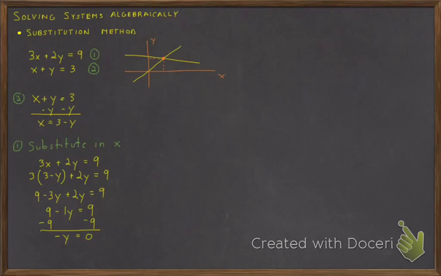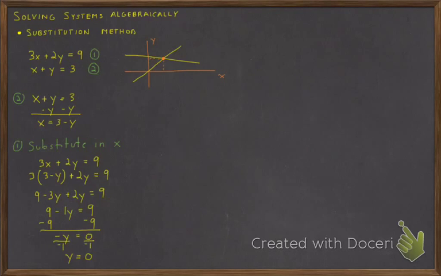We could stop right there, or if you want to divide out the negative, we can divide by negative 1 on both sides, but we still get that y is equal to 0. So that is the y coordinate of that point.